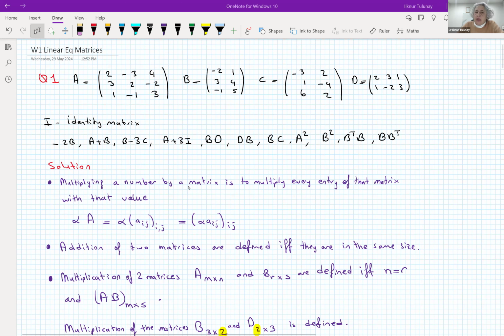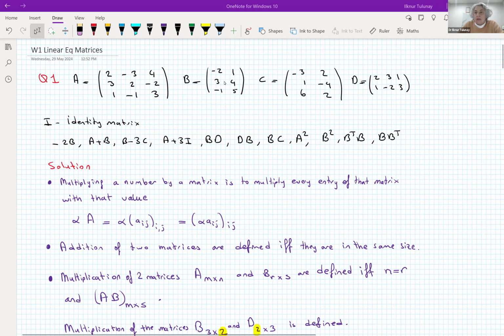So multiplying a number by a matrix is a multiplication with every entry. For example, minus 2B means that you're multiplying minus 2 with every element in this matrix, and it is possible to do that. So this is an A matrix and this is a B matrix, and this is an addition. You cannot add them because the sizes are completely different.